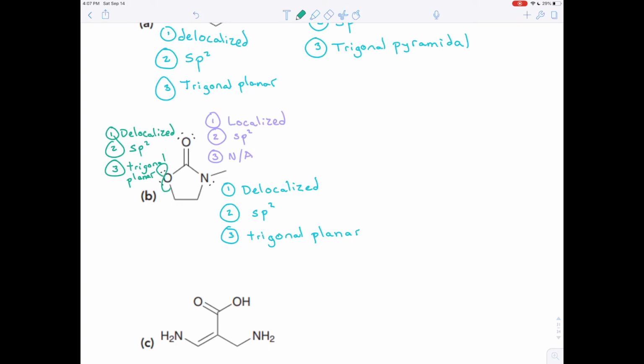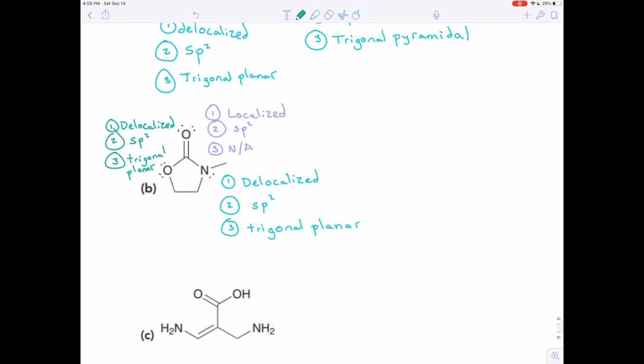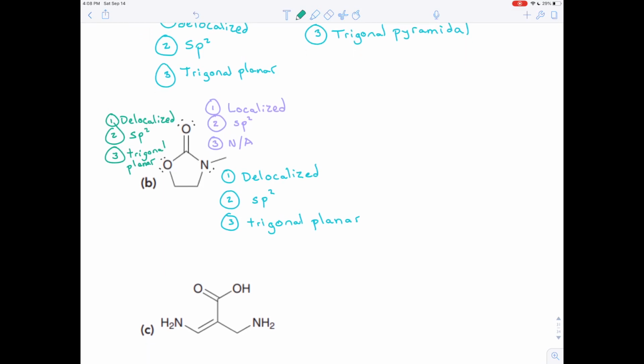That lone pair is existing in a p orbital. And so that only leaves three places where you have electrons pushing each other apart, which would give you a trigonal planar shape. Okay, a trigonal planar electron geometry.